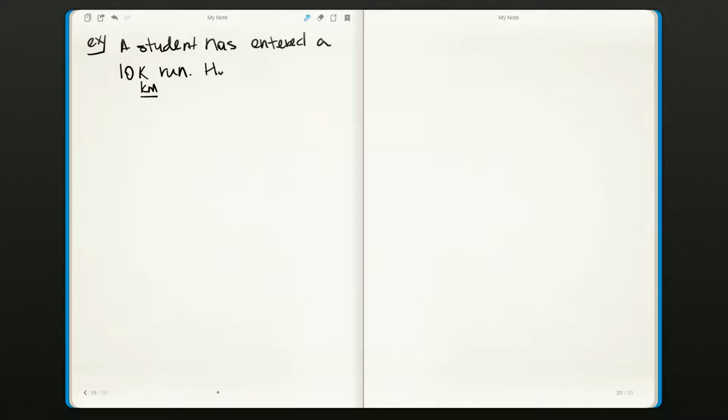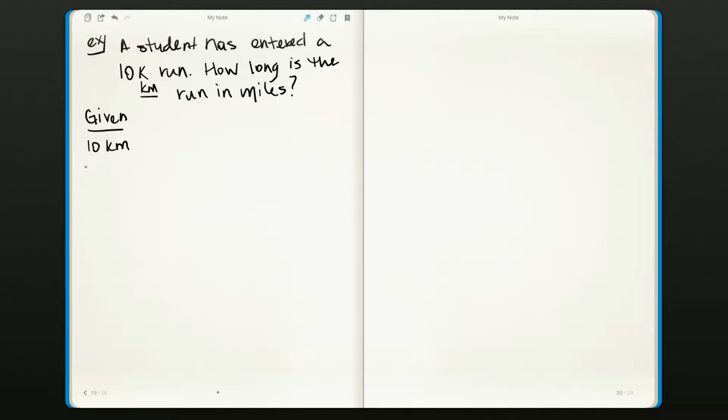So how long is the run in miles? Okay. So for this one, we're going to have to use multiple conversion factors. So we're going to look at what we're given. Again, that's what you always start with. So we're given that the run is 10 kilometers long.